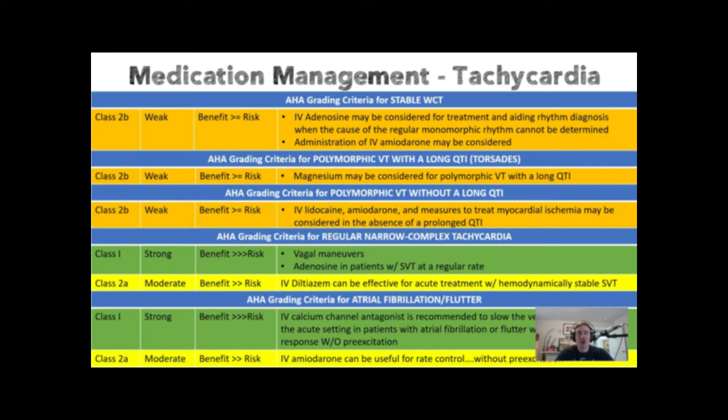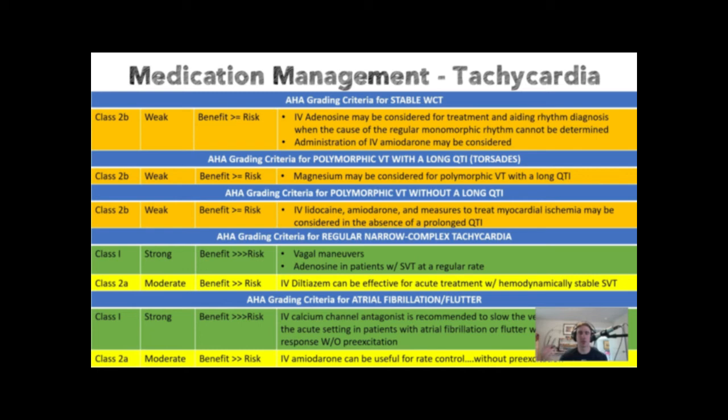If I'm unsure if it's kind of narrower than typical VTAC, and no, I don't have a set millisecond cutoff to differentiate between narrow and wide, but let's say we call it wide if it's greater than 120 milliseconds, or 0.12 seconds. We'll just say, for the sake of discussion, that they're right at 120 milliseconds.